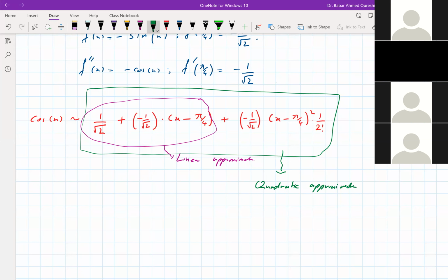Now let's do some applications of these things, let's say, from the book. Or let me see what I have given in the homework.